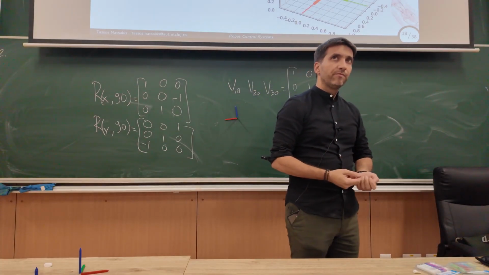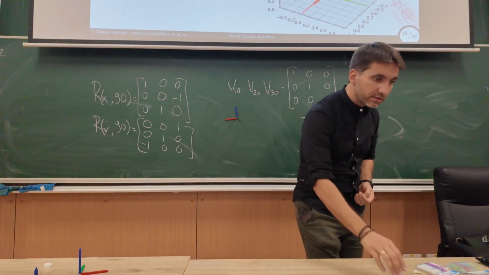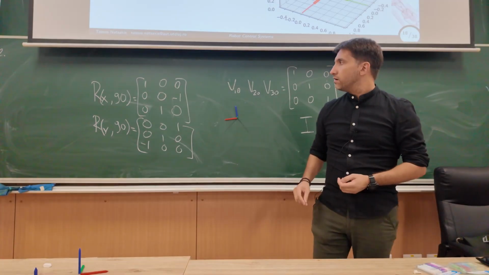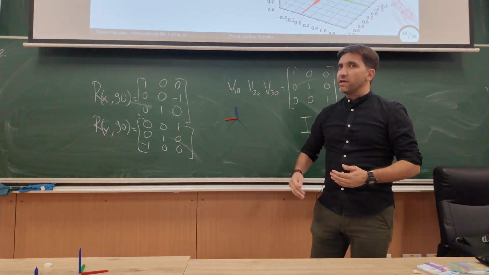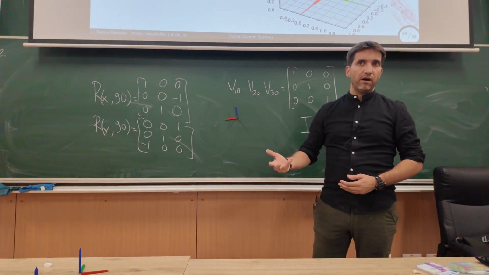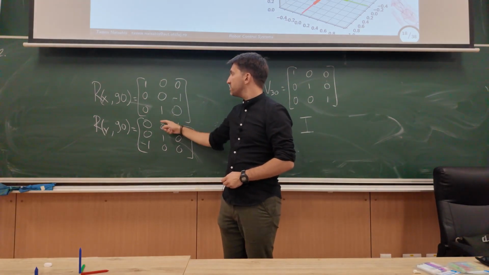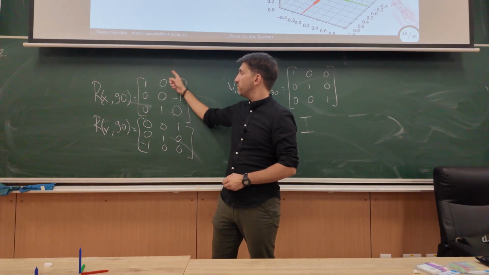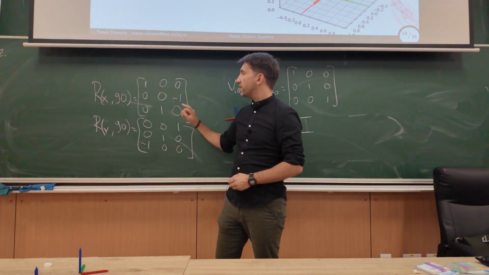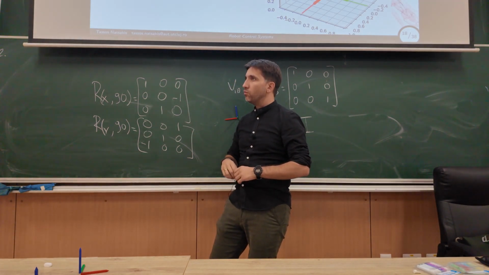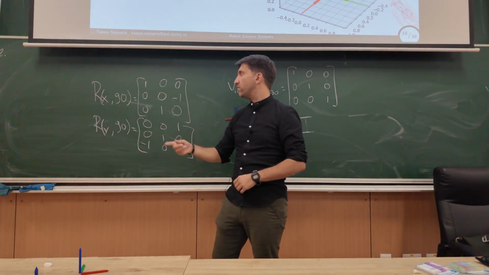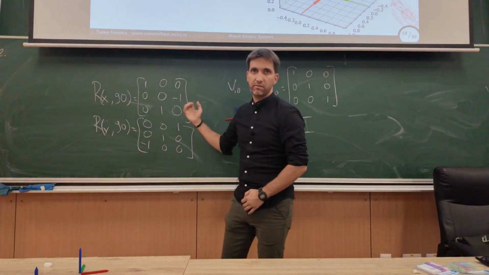But these matrices also represent the action of transforming a frame around a certain axis. So this one represents the already transformed frame, but I can use it to also move another frame or rotate another frame around x by 90 degrees.